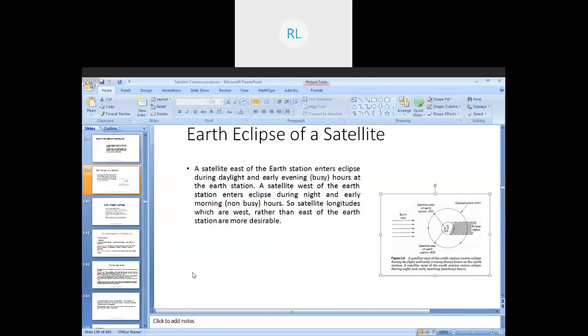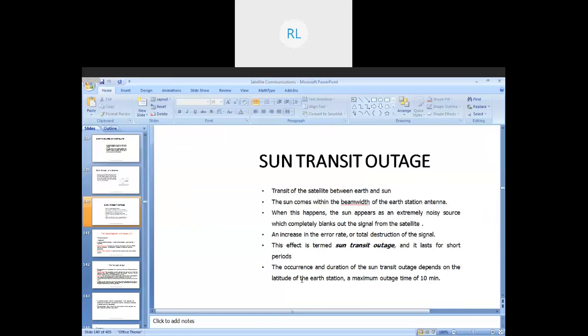We do not want this eclipse to happen during the day, and if it happens during the night, it's fine, because the busy hours are normally during the daytime. A lot of communications happen, and we do not want to take the risk of operating only with a battery, right?